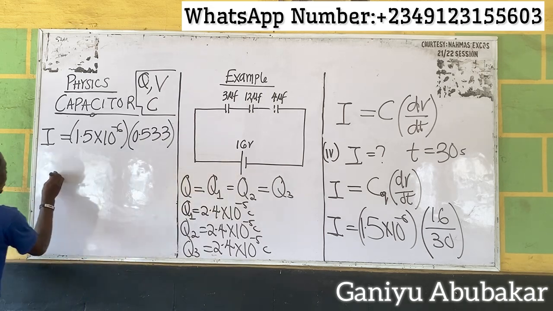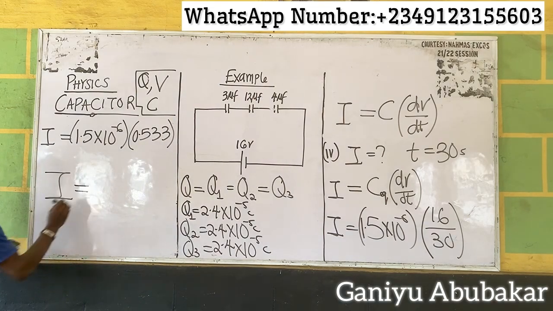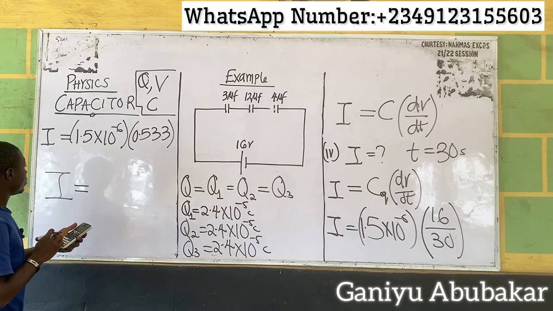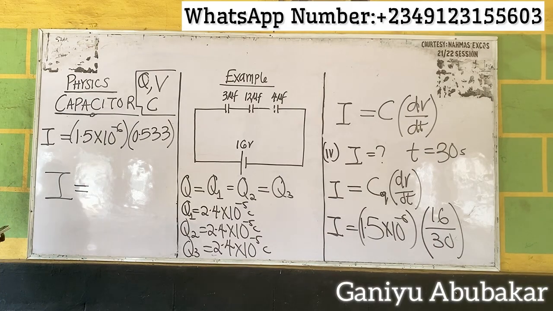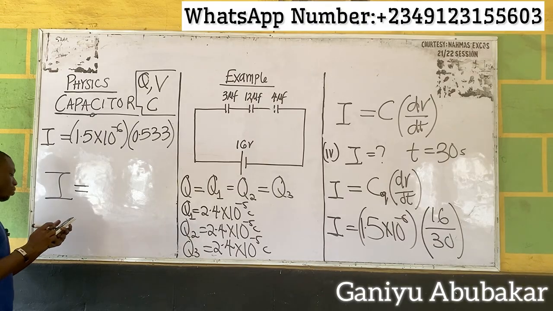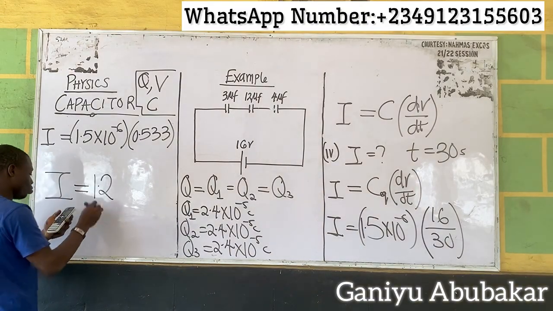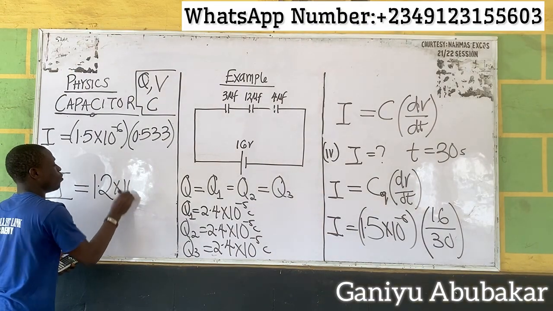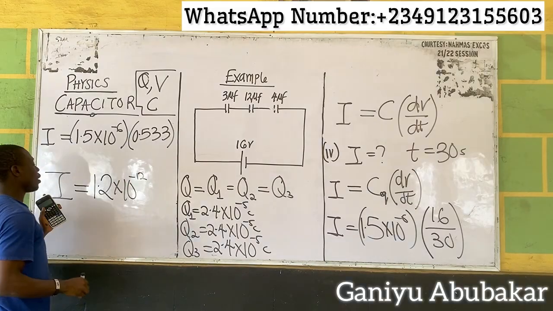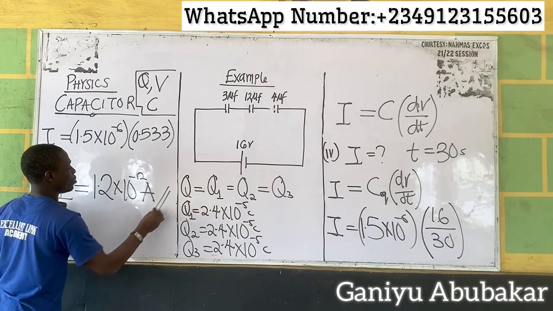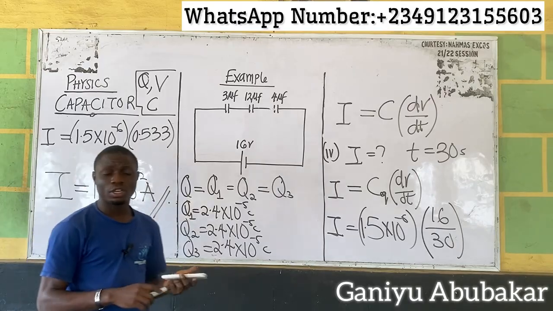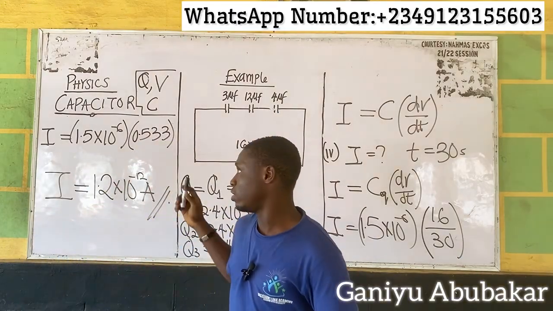Multiply these two together, the current will be equal to about 1.2 times 10 to the power of minus 12. Please, current is measured in what? Ampere, that's A. So this is how to find current in the study of capacitors.